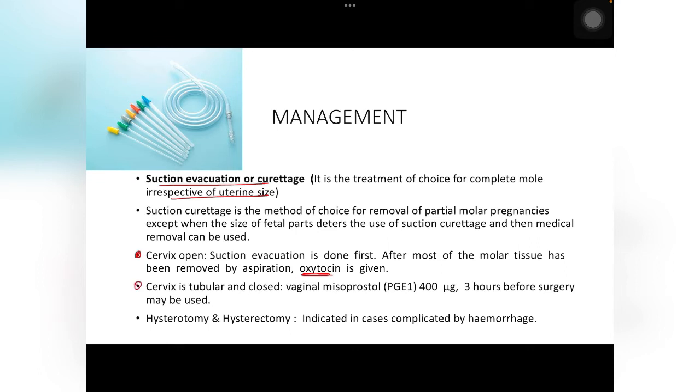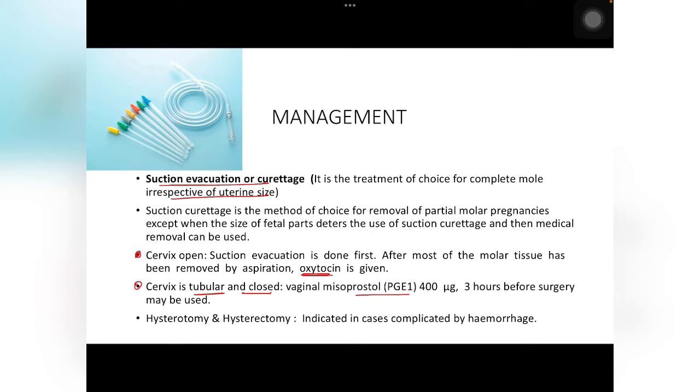Whereas if the cervix is tightly closed and you have diagnosed a molar pregnancy on ultrasound, then what to do? We can give a ripening agent, like vaginal misoprostol, and once the cervix is ripened, we can proceed ahead with suction evacuation. Coming to a partial mole, I already told you that there is going to be a fetus in a partial mole. So imagine there is a fetus of 10 week size in it.